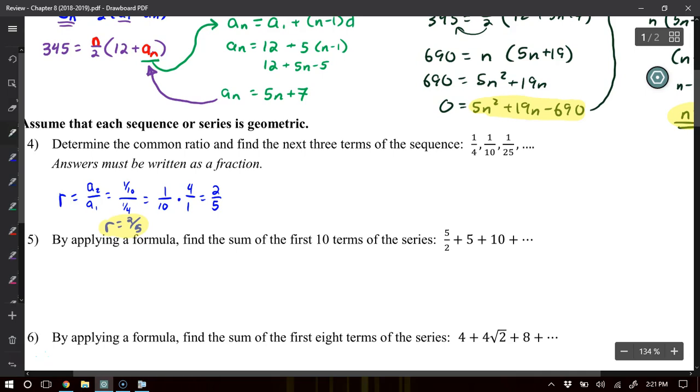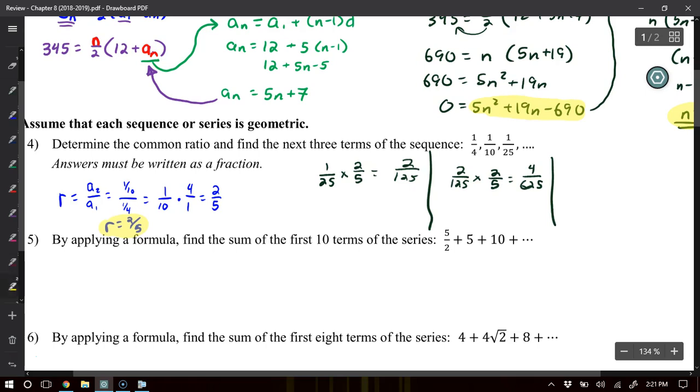So I have 1 over 25, and I'm going to multiply by 2 fifths. That is going to give me 2 over 125. That's the next term. So I got to find 2 more. I'm going to take 2 over 125 and multiply it by 2 fifths, and that gives me 4 over 625.